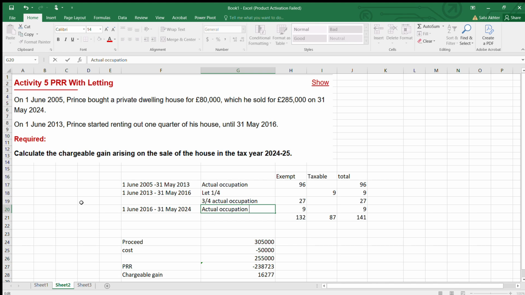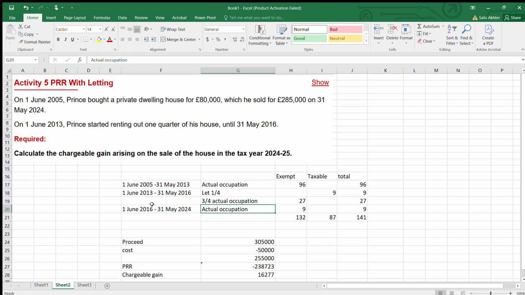So that last 9 months comes inside the actual occupation. Since that entire actual occupation is exempt, that last 9 months comes inside that only, so you don't have to take it separately. Because the last period is actual occupation. If he had been absent, then the last month we would take separately.